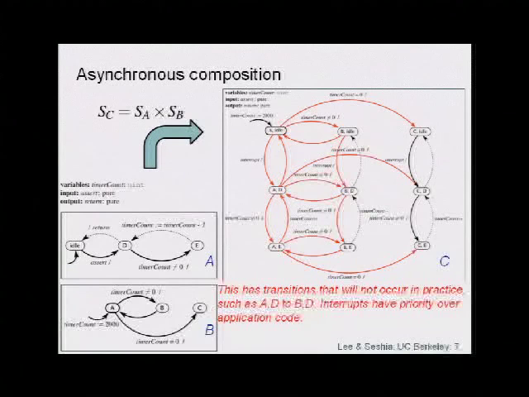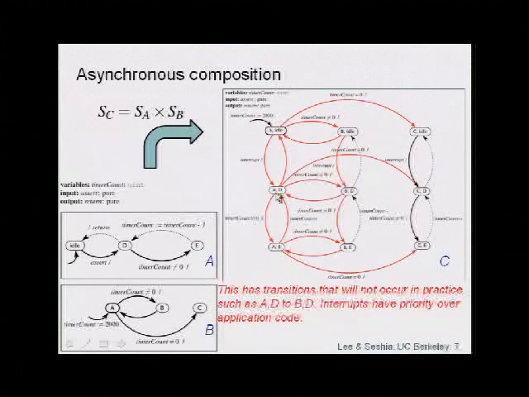The way we got that state machine is exactly the technique we used last time: you first take the cross product of the states of A and the states of B. Here A is the ISR and B is the main function. Then you end up with these 9 possibilities, 3 times 3. And then you add transitions between the composite states based on the transitions in A and B.